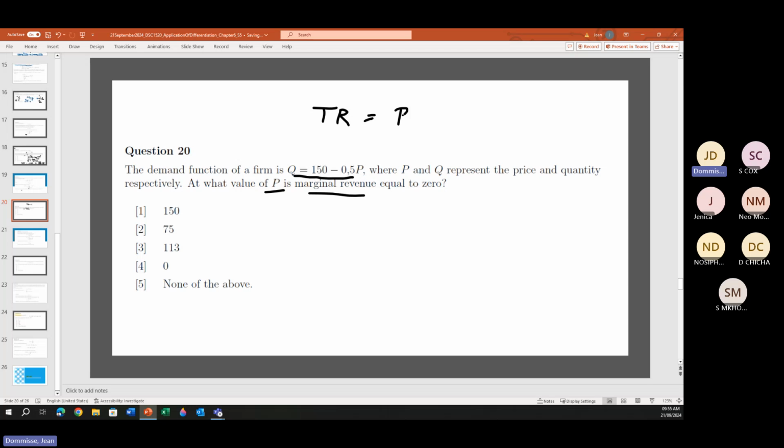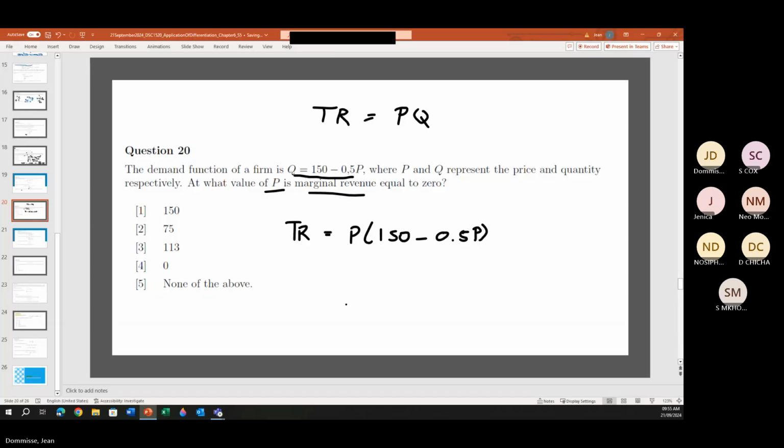Total revenue is P times Q. So we will get total revenue first as P times Q. Okay, so important that we can get the total revenue function. Okay, so that's total revenue.